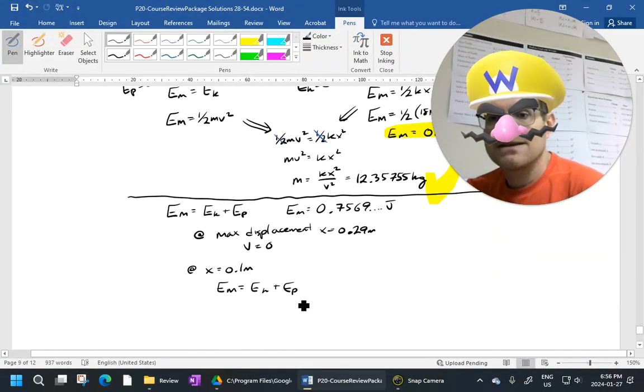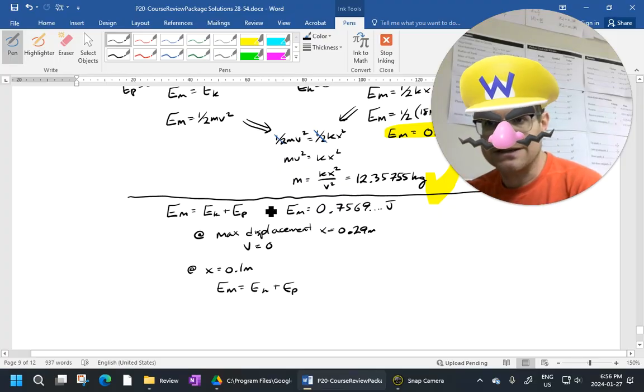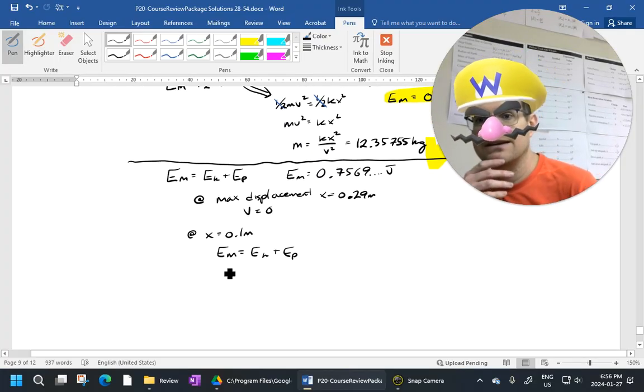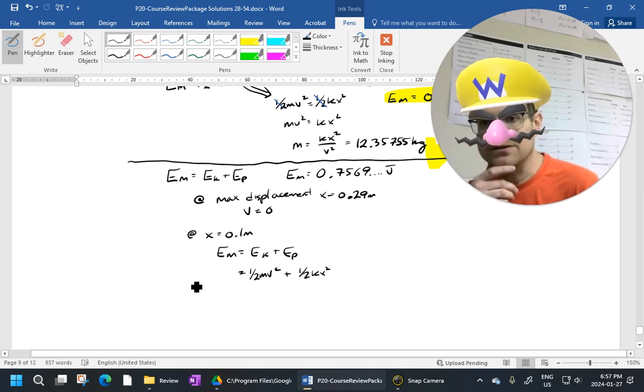Okay. But partially, not its max displacement, not at equilibrium, partially because I'm going to have a little bit of both types of energy. So both the EK, which we're trying to find, and my EP, I have kx squared, based on the numbers we have, should add up to this number.